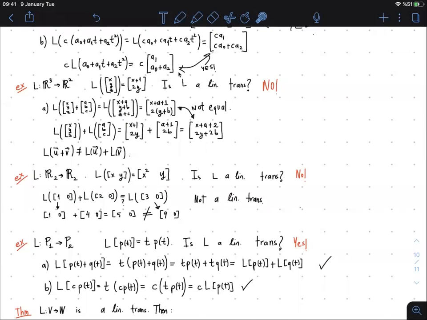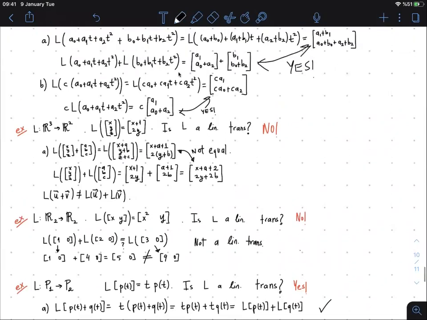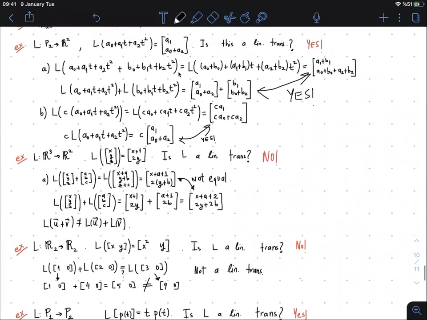And another example where it's not a linear transformation is when we have this vector x component squared. So this is not a linear transformation. In a sense, we see which types of things are linear transformations. This square term here is making this not a linear transformation.